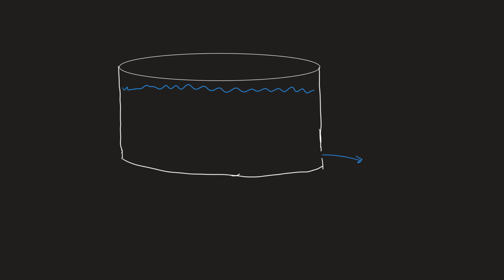Since it is that, the pressure plus the gravitational potential energy plus the kinetic energy at the top of the fluid has to be equal to the pressure plus the gravitational potential energy plus the kinetic energy at the bottom of the fluid. So we're going to set these things equal to each other.